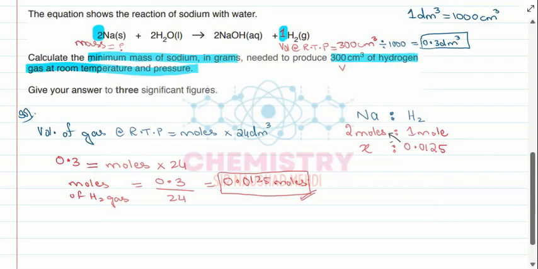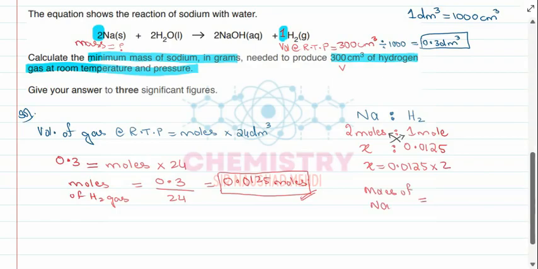So if you cross multiply it, right, you will be getting the answer X equals 0.0125 multiplied by 2, and when you multiply by 2, you will be getting 0.025. And what is 0.025? That is the moles of sodium.